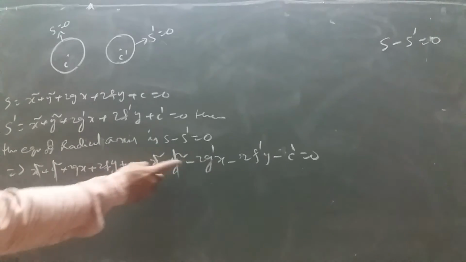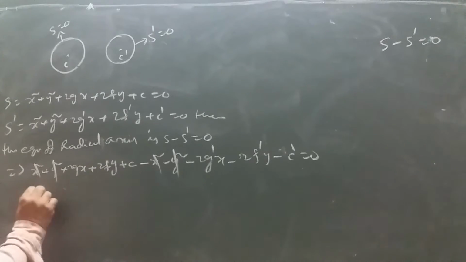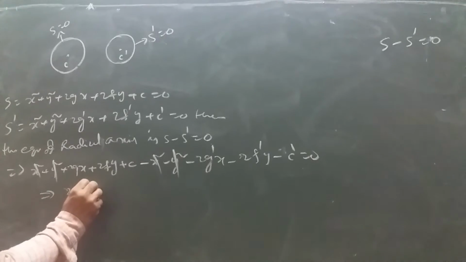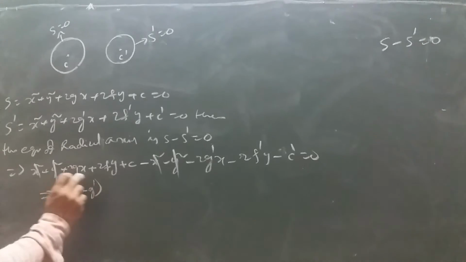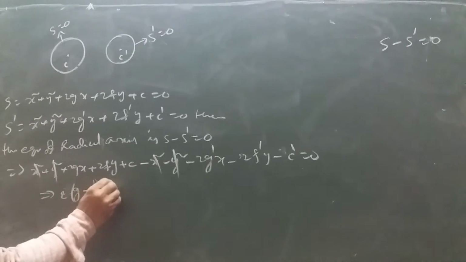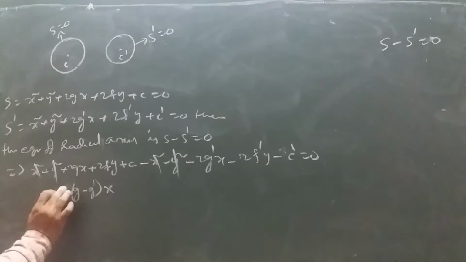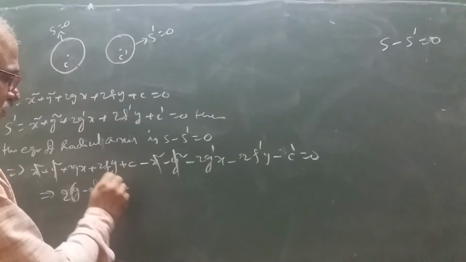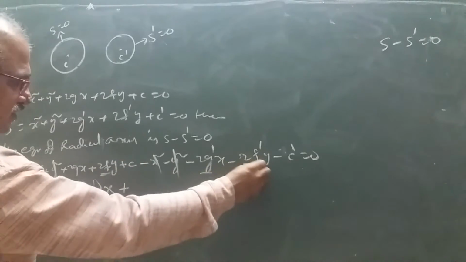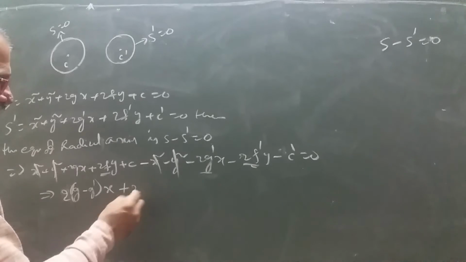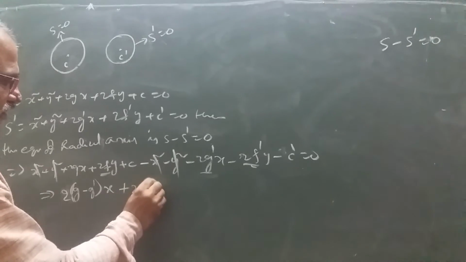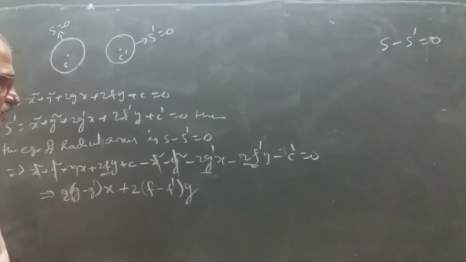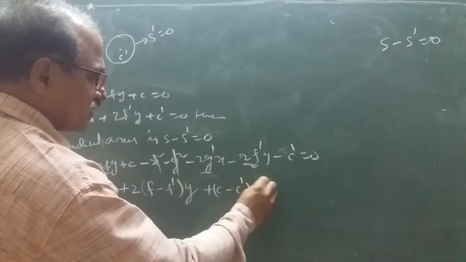The remaining 2gx minus 2g dash x, by taking 2x common, is 2x into g minus g dash, plus similarly 2fy minus 2f dash y, by taking 2y common, 2 into f minus f dash into y, plus c minus c dash equals 0.